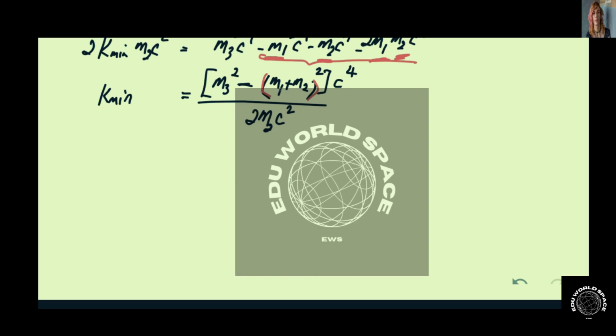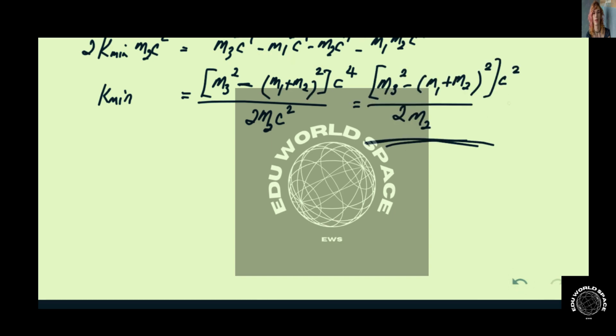So we can put them together into a square, and then factorize out the c4, and we divide the 2 m2 c square over as the denominator, and then we can simplify this into this final expression, which is what the question wanted.